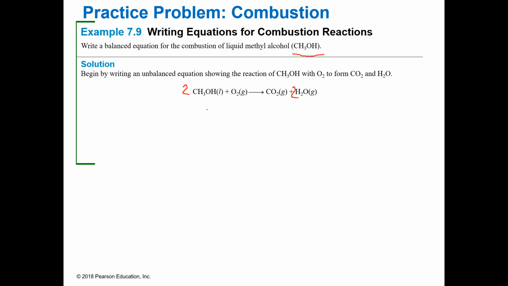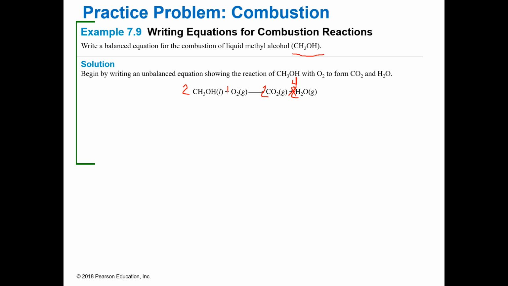I'm going to put a 2 here, so make it even. So I have 2 carbons now, so I'm going to put 2 carbons here. But now how many hydrogens do I have? I have 3 plus 1 is 4, times 2 is 8. So this is going to become a 4. 4 times 2 is 8. All right, so now 2 times 2 is 4, plus 4 is 8, so I have 8 oxygens.